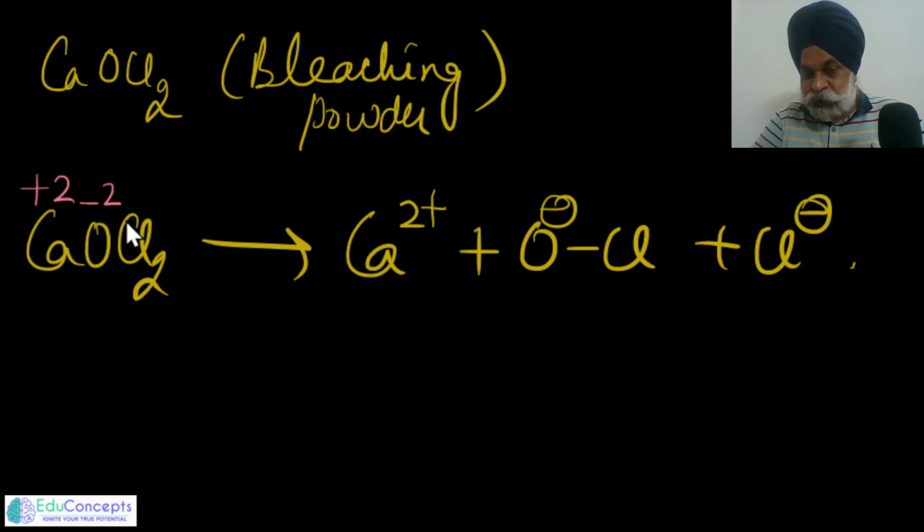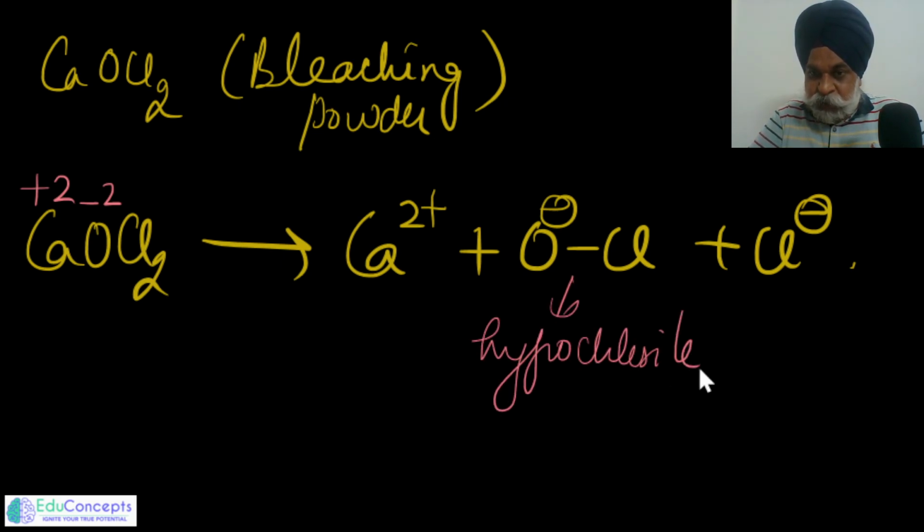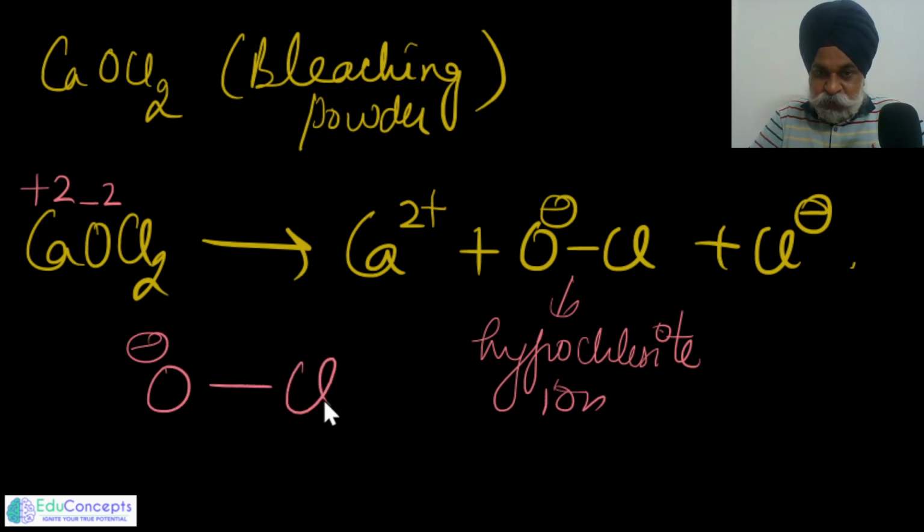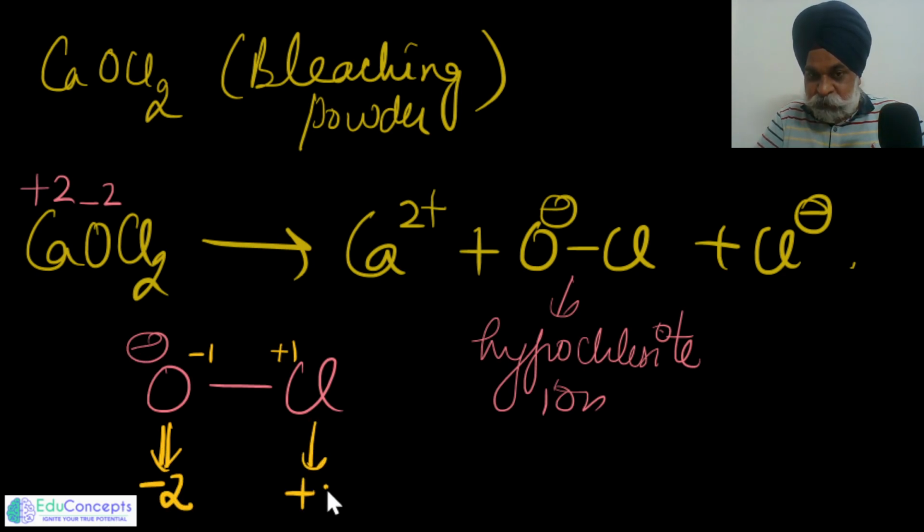So what is the oxidation state of chlorine, which is a confusion to a child? Bleaching powder is an ionic compound which breaks like this. So now this is the hypochlorite ion. Here you have to be a little vigilant, because oxygen is more electronegative. So from here it is -1, this is +1. So on this oxygen you have apparent charge -1 and actual charge -1, so the total oxidation state comes out to be -2, and for chlorine it is +1.